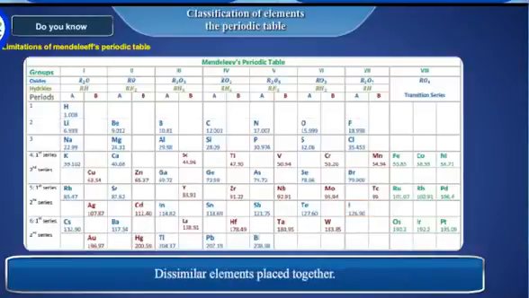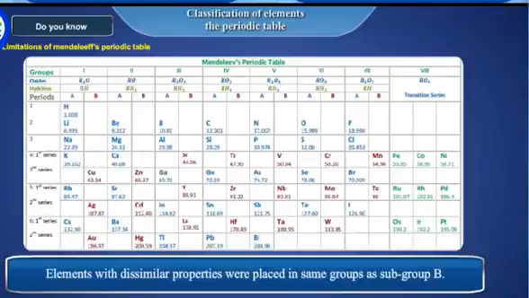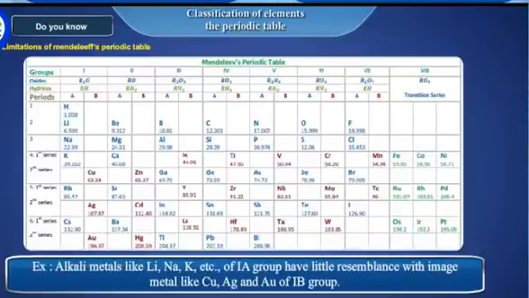Dissimilar elements placed together. Elements with dissimilar properties were placed in the same group as subgroup B. Example: alkali metals like Li, Na, K, etc. of Ia group have little resemblance with coinage metals like Cu, Ag and Au of Ib group.